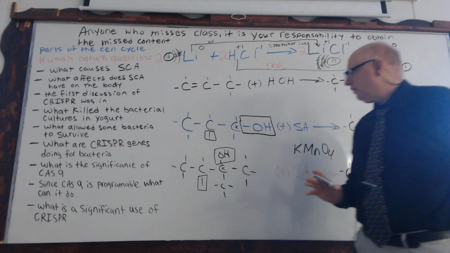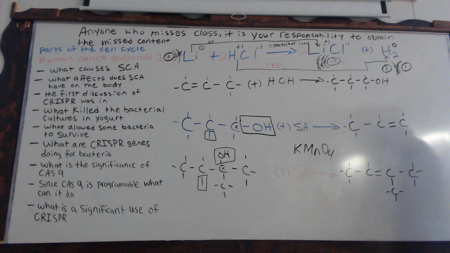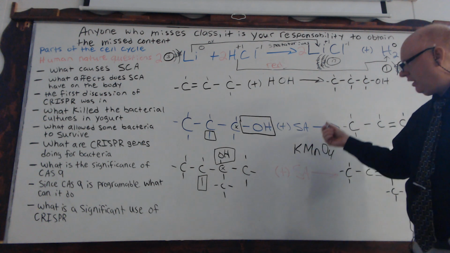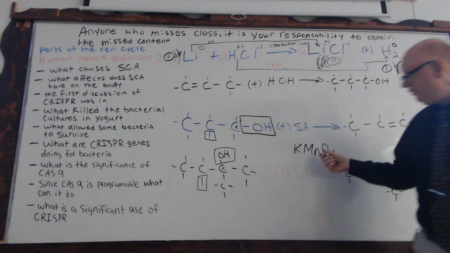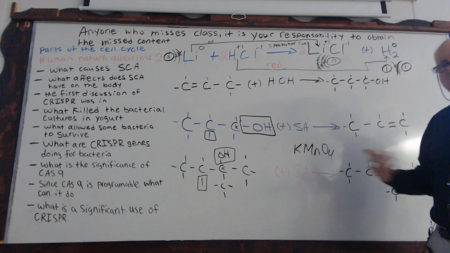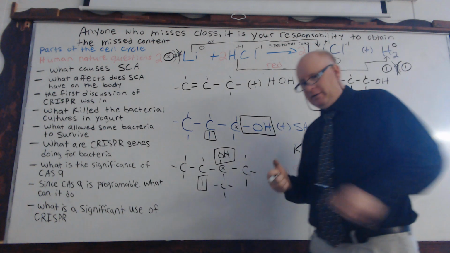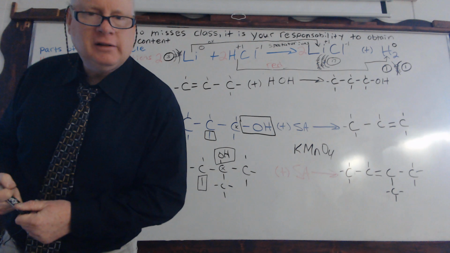So the reason that I wanted to go through this one is that primary and secondary alcohols both dehydrate, they both oxidize. Tertiary alcohols do not oxidize, but they can dehydrate.